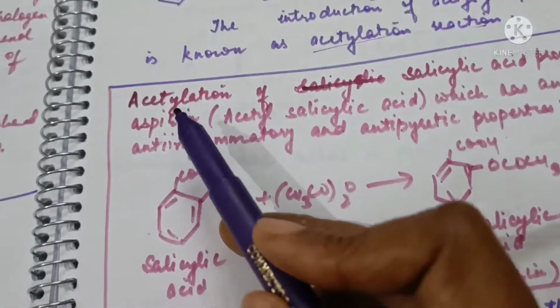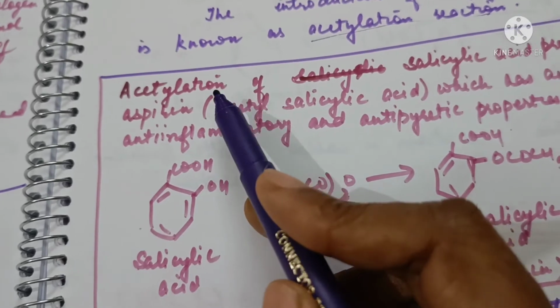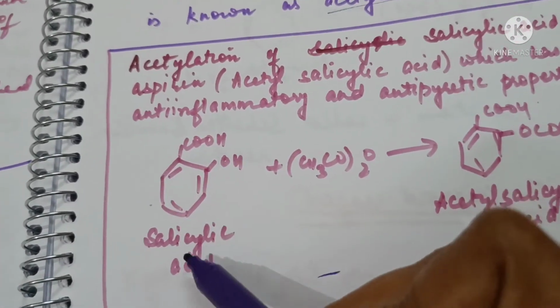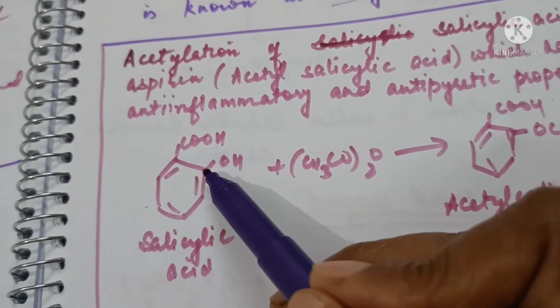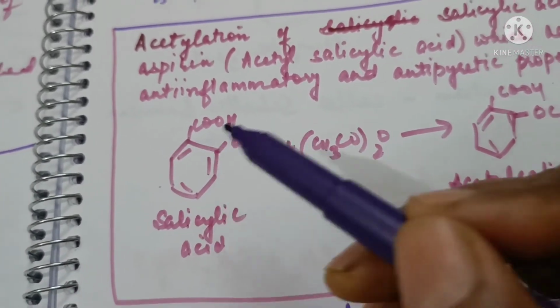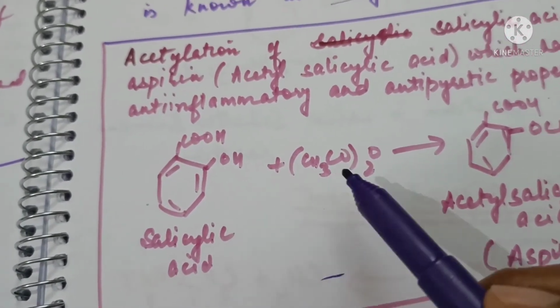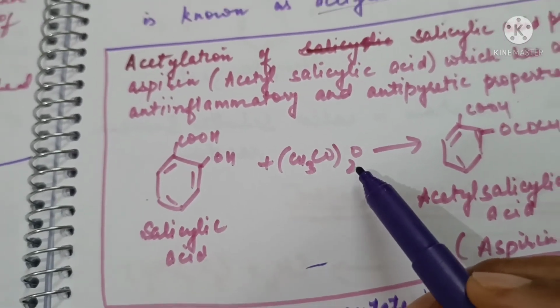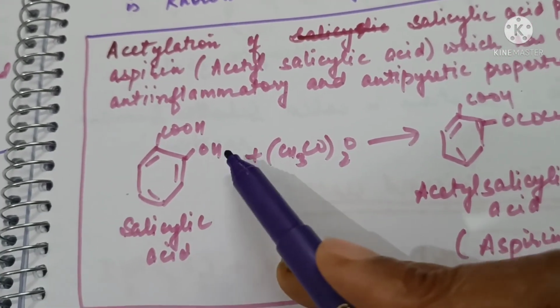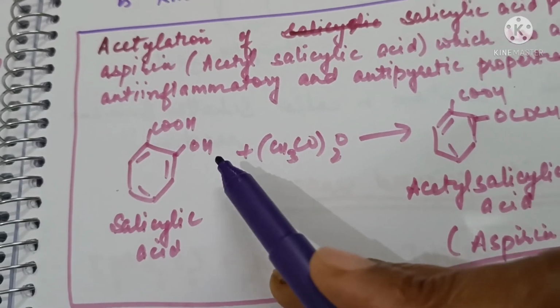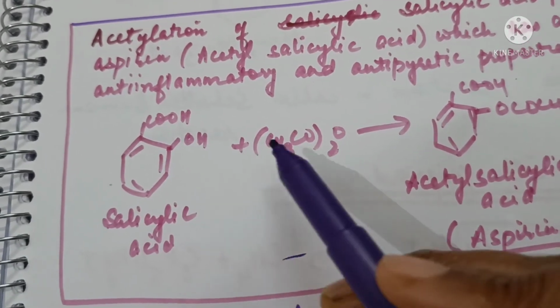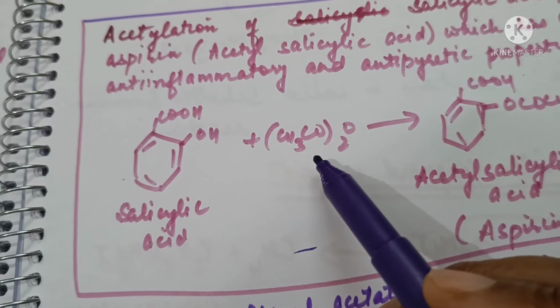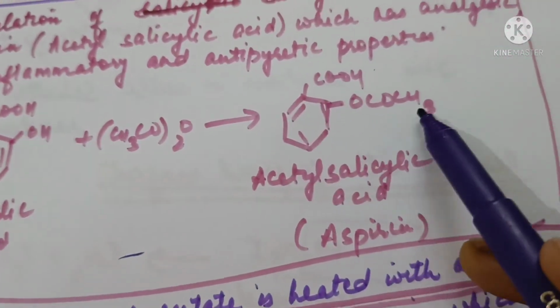This reaction is important when we carry out acetylation of salicylic acid, that is, OH at ortho position to benzoic acid. When we react it with acetic anhydride, then this OH group will react with the acetic anhydride to introduce an acetyl group here.